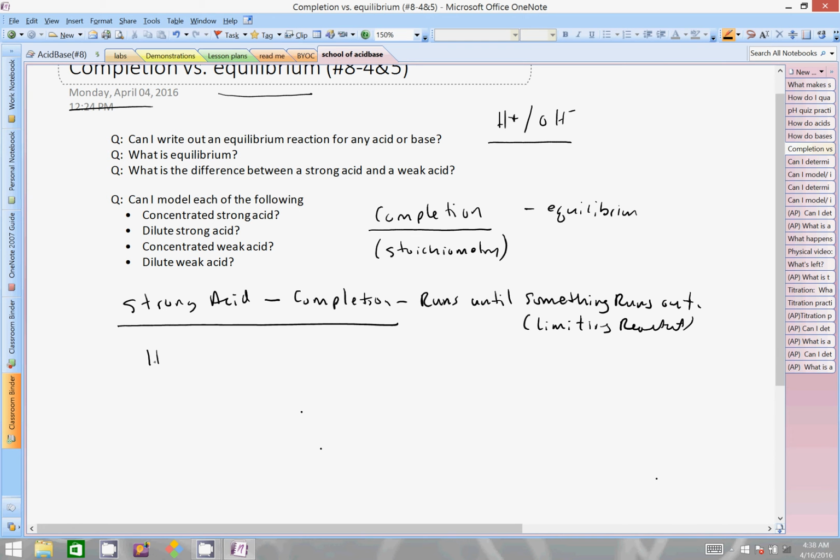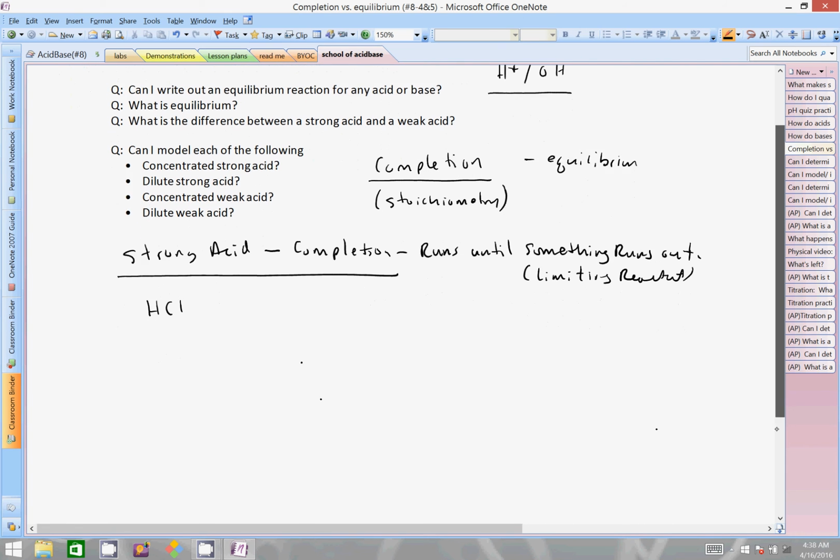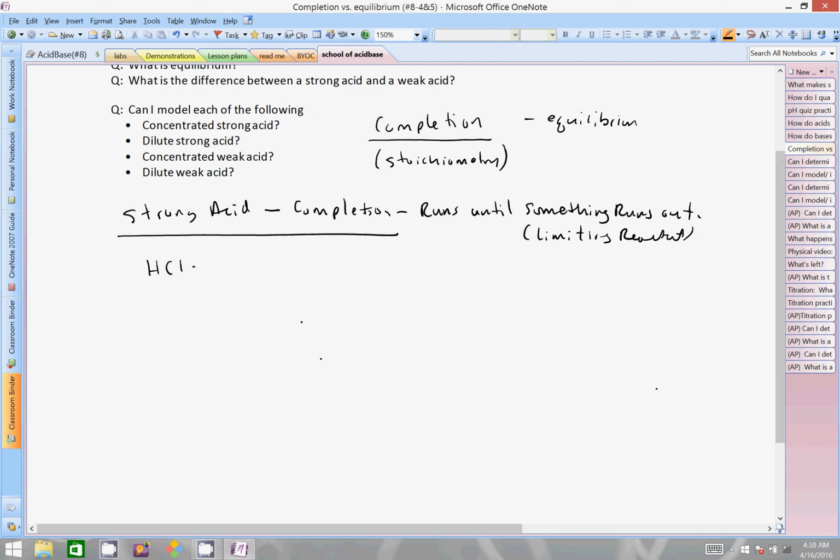We have HCl. Of course, we know the only way that an acid can produce H plus ions is via hydrolysis. I'm only going to draw one arrow here, H3O plus Cl minus. This thing only has a forward reaction. Now again, any reaction, depending on how fast it runs, we're not even indicating how fast this works.